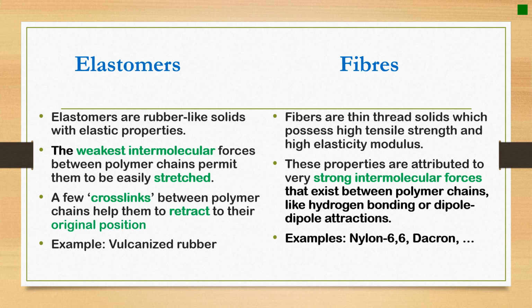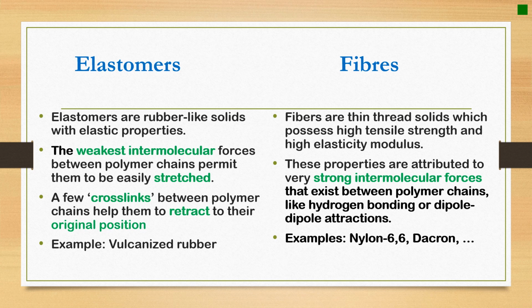For fibers, they are thin thread solids which possess high tensile strength and high elasticity modulus. It means that they resist the tension force. It means that when you pull them, of course, they don't extend in size.